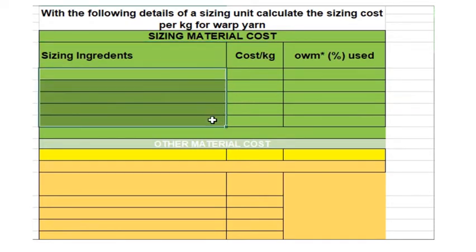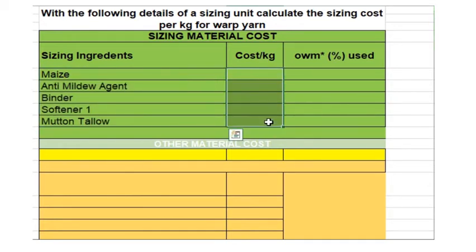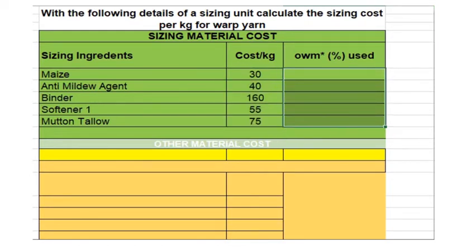So these are the various materials used in that particular industry: maize, anti-mildew agent, binder, softener 1, and merchant tallow. The cost per kg of those materials are given here, and the recipe that is used in the industry is given here: 8% of maize, 1.25 percent of the weight of material, and the other details are given here.